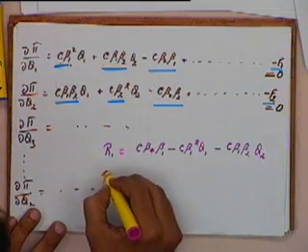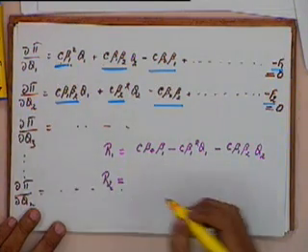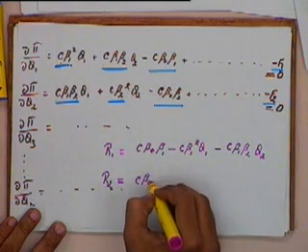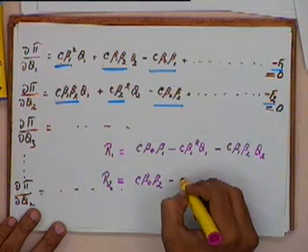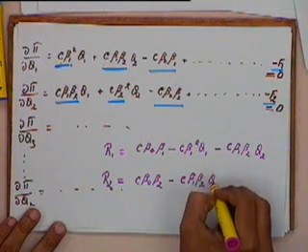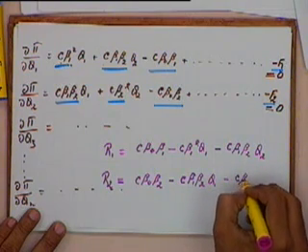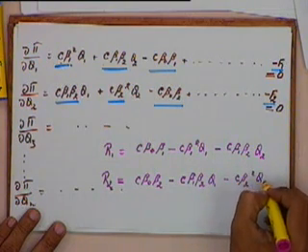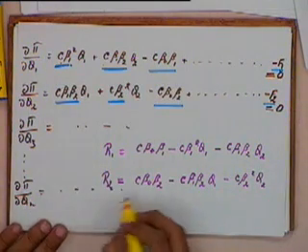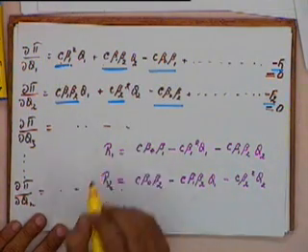And similarly the reaction at node 2 would be C times beta naught beta 2 minus C times beta 1 beta 2 Q1 minus C times beta 2 squared Q2. This would be the reaction at the second node, and this would be the reaction at the first node.